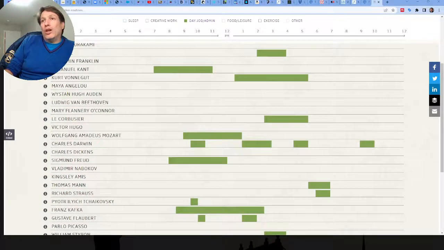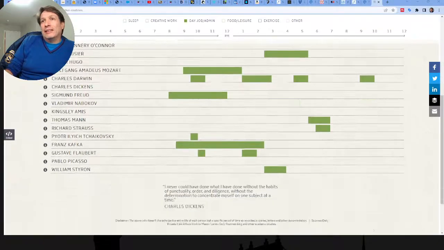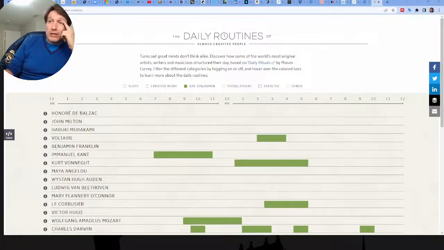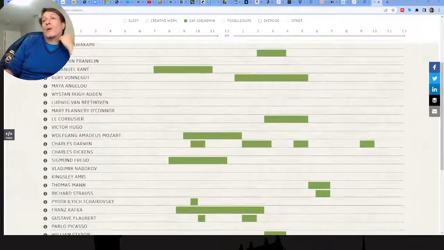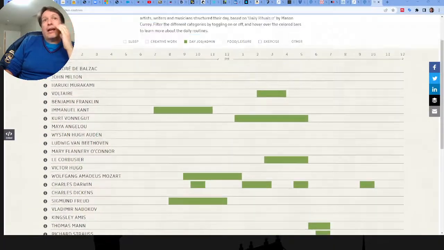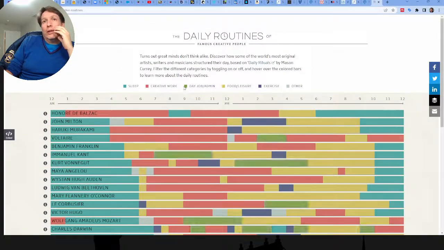Also, a lot of them have real daily jobs or administrative work on top of their creativity, and they dedicated some time, some more than other ones.